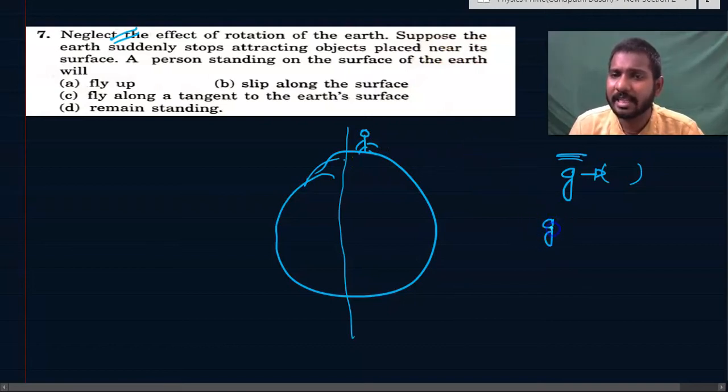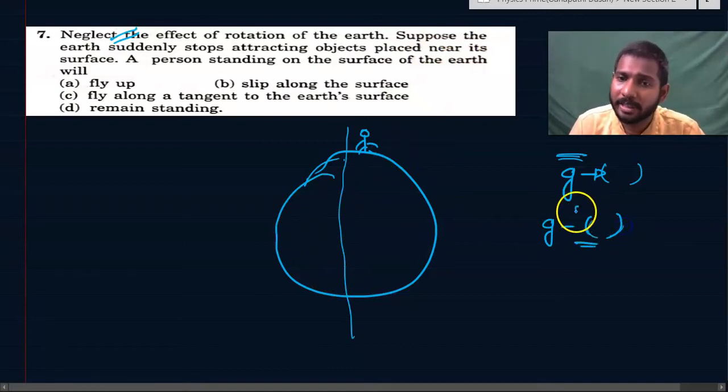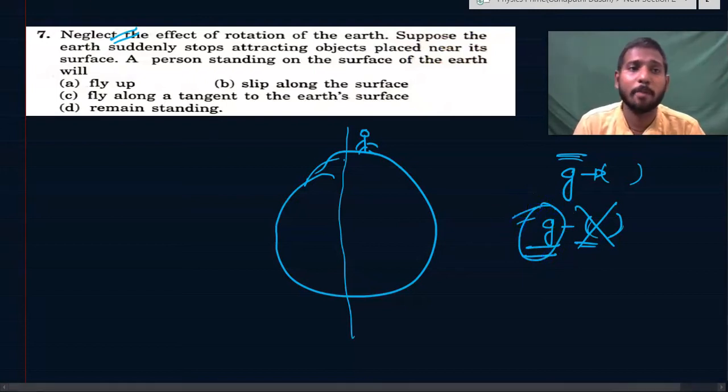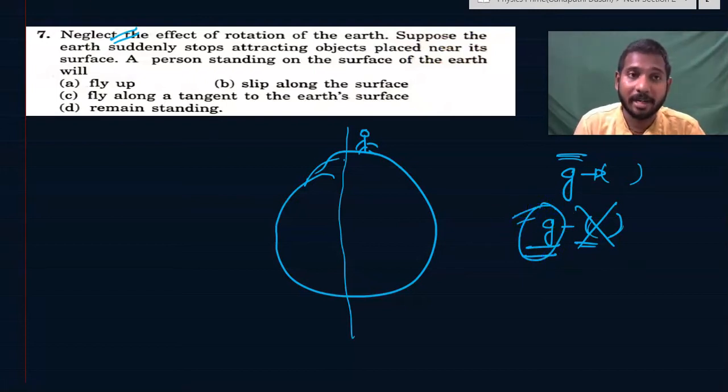Net will be g minus something, but you neglect this value because you don't know anything about gravitation here. So now this g has suddenly vanished. Earth stopped attracting you.